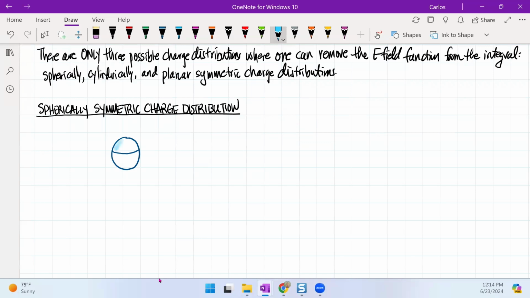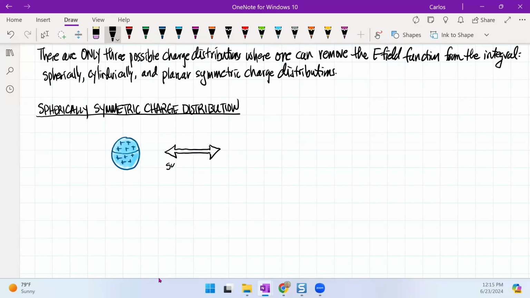So when I'm looking at this, I see a solid sphere, and in this case, it's going to have a uniform charge distribution that looks like this. So immediately I look at the symmetry of the charge distribution, and it has to be the symmetry of the Gaussian.